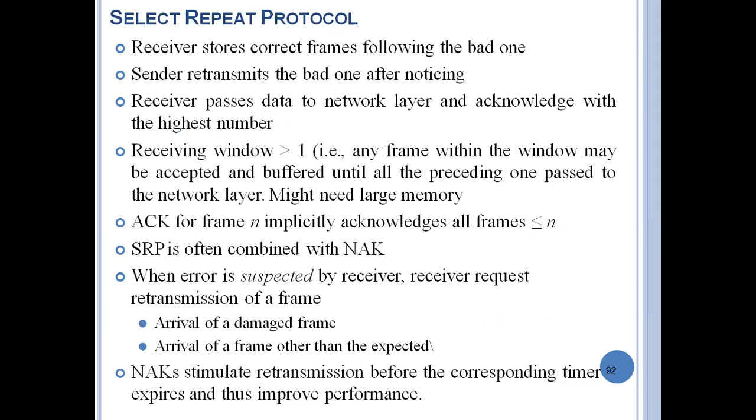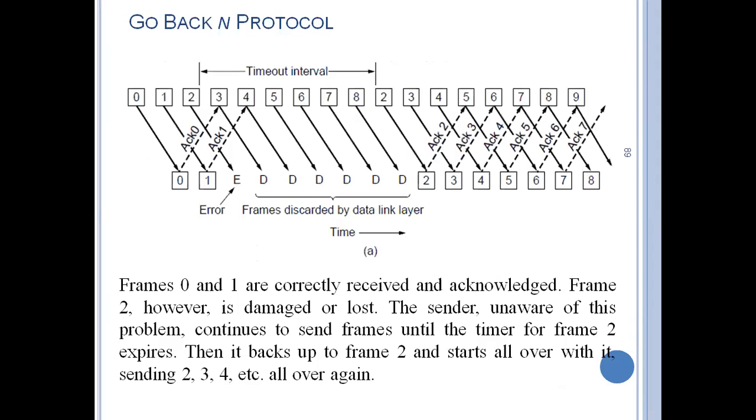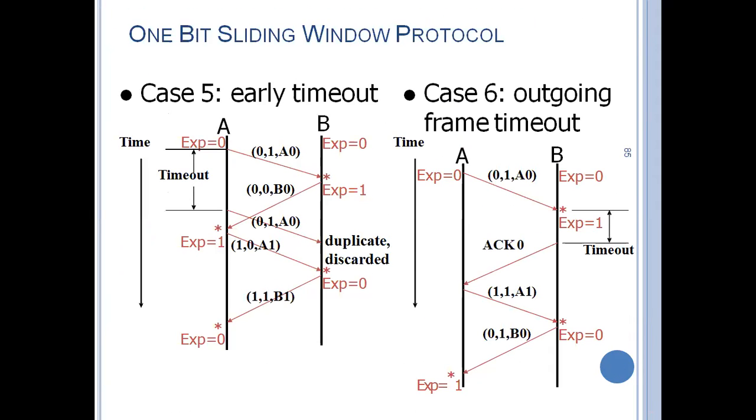If you watch videos number 22 and 21 on protocols, we explained clearly the one bit sliding window protocol and the go back N and selective repeat protocols. Go through those videos, which clearly explain them.